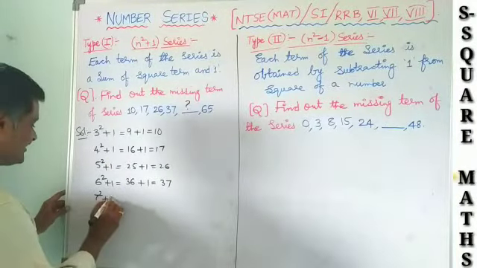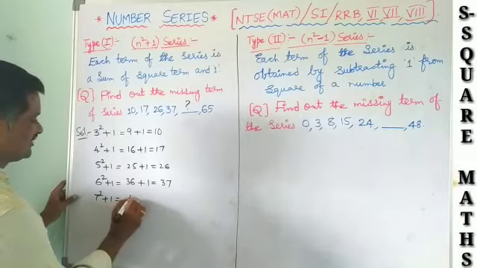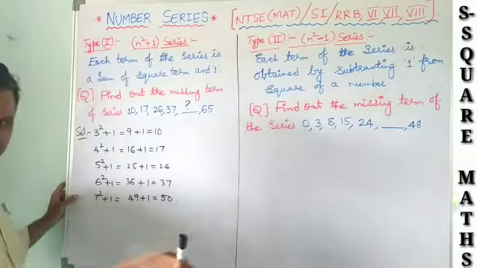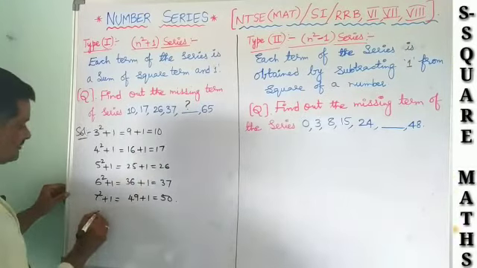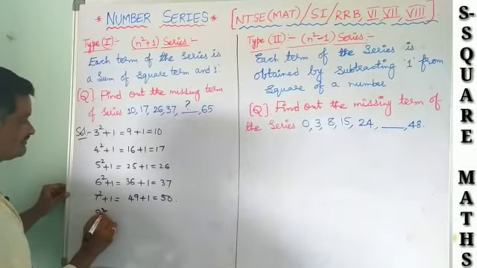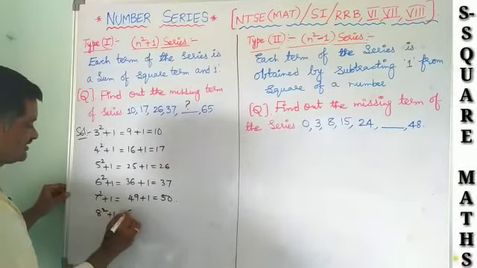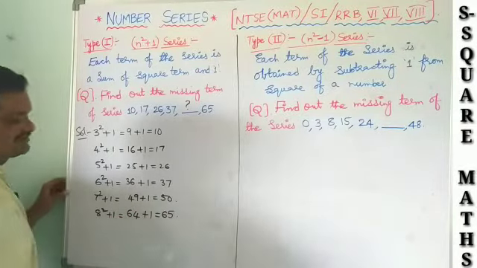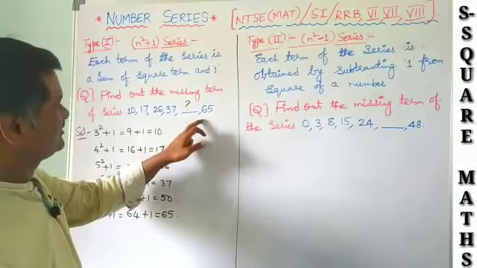Next, 7 square plus 1, nothing but 49 plus 1 is equal to 50. Let us check the next term also. 8 square plus 1, 64 plus 1 gives you 65. So we got the last term also.